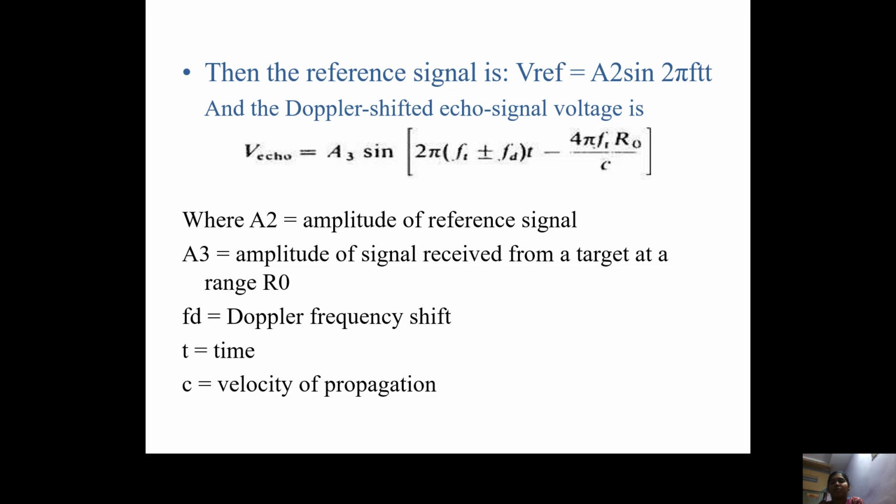The plus or minus is decided by the direction, whether the target is moving towards the receiver or moving away from the receiver. Fd is the Doppler frequency, T is the time period, and R0 is the range at which the signal is received. This indicates how far the moving target lies from the radar.